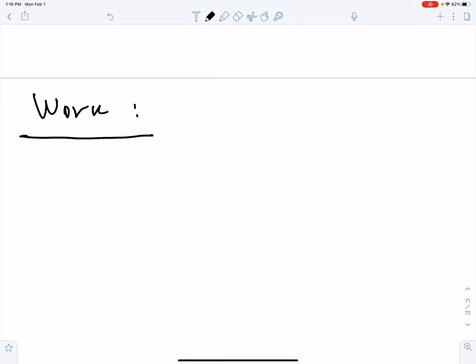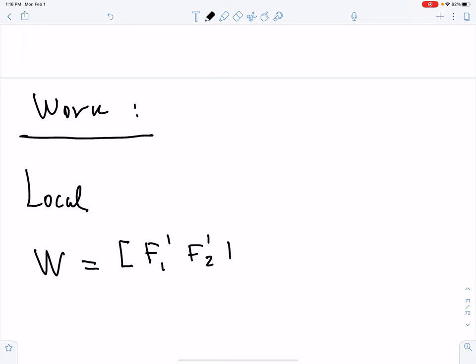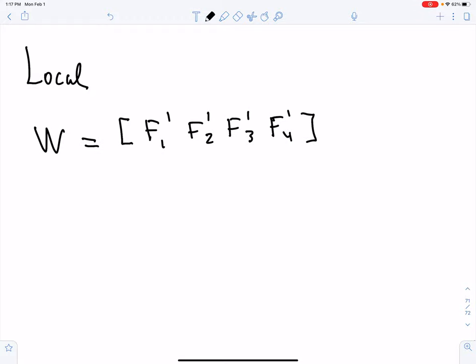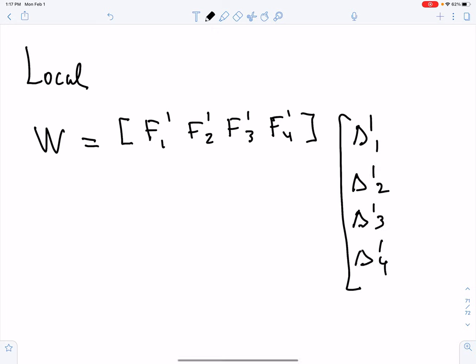Okay. Right. So let's look at the local. W equals to, right? Remember, force times the distance. Okay. What's our force vector? F prime 1, F prime 2, F prime 3, and F prime 4. Okay. What's our displacement? It's a vector delta prime 1, delta prime 2, delta prime 3, and delta prime 4. Okay. We have that.